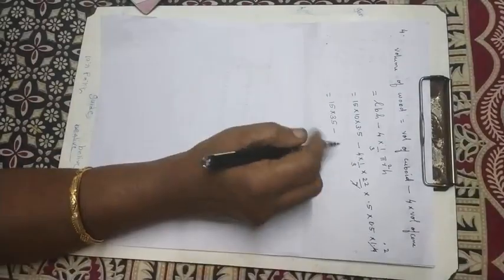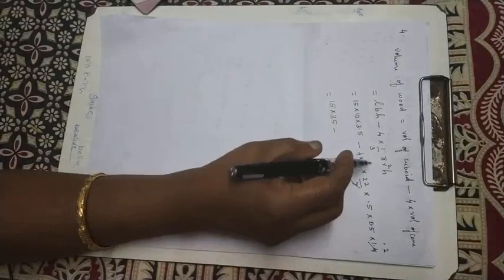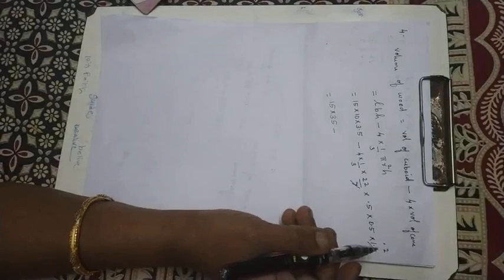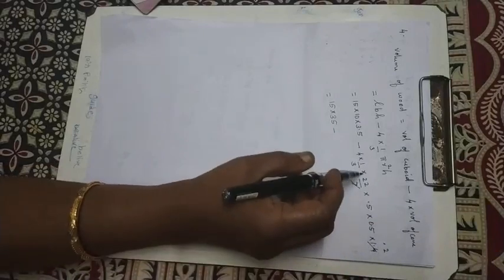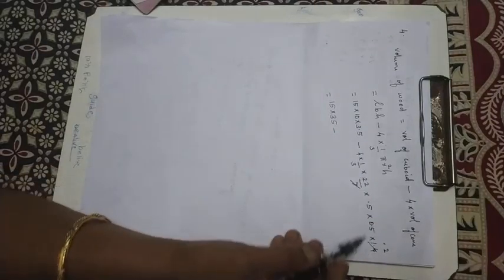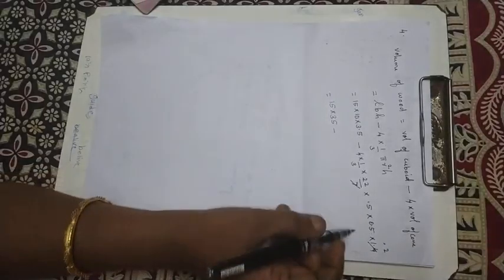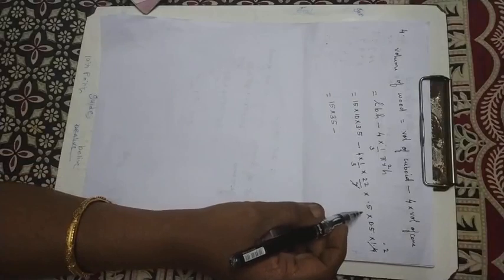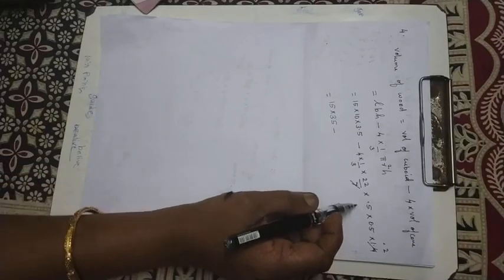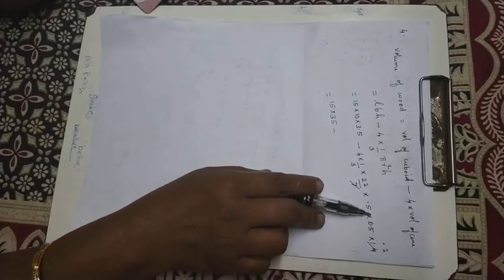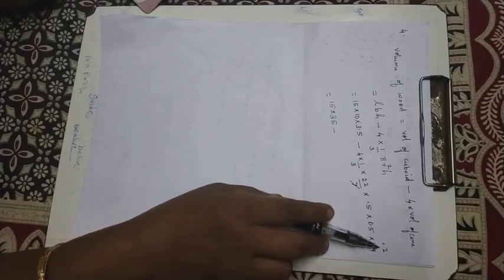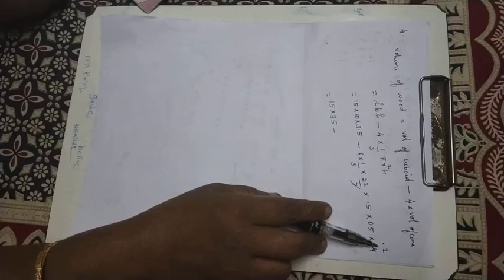here 4 by 3 into, for this one you can write 0.5 into 0.5, it will be 0.25. 0.25 into 0.2 is equal to 0.05.